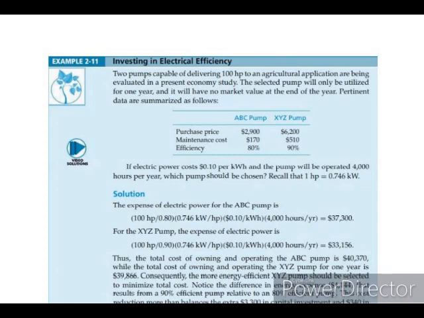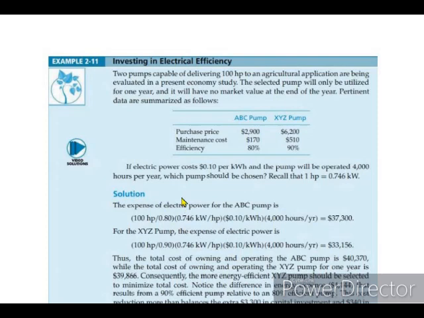For the first pump, the ABC pump, the purchase price is $2,900. For the XYZ pump, the purchase price is $6,200. The maintenance cost is $170 for ABC and $510 for XYZ. Last, the efficiency of ABC is 80% while XYZ is 90%.